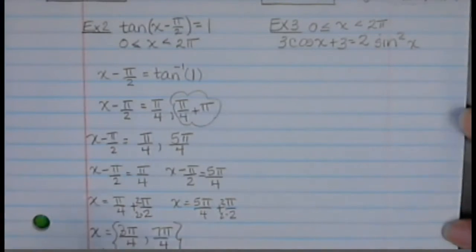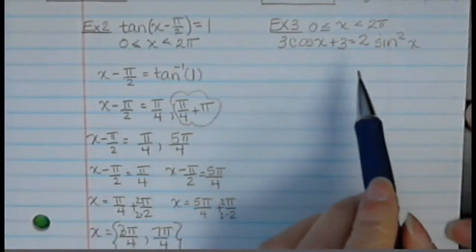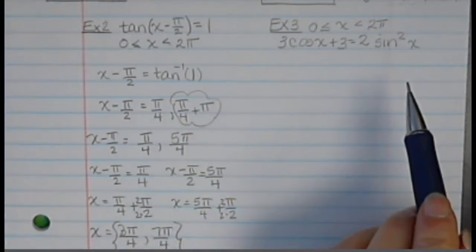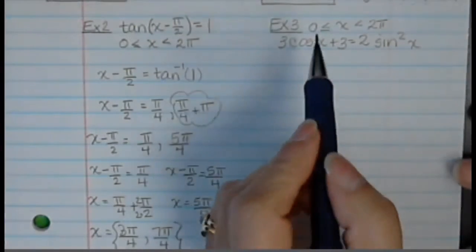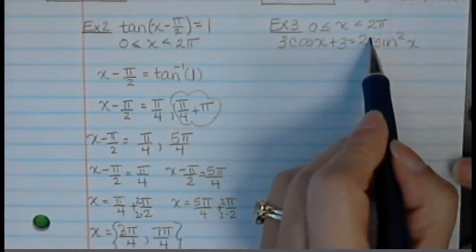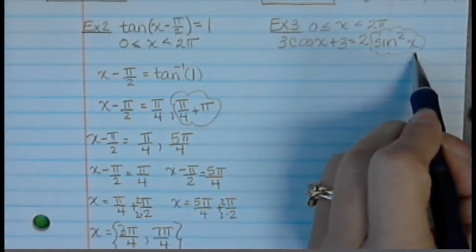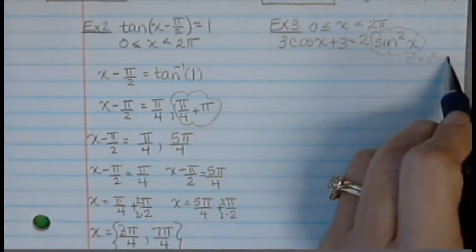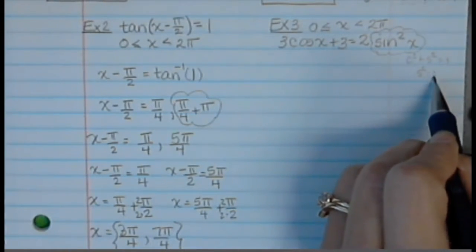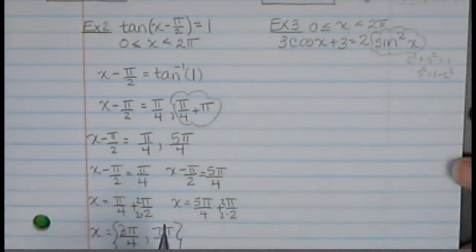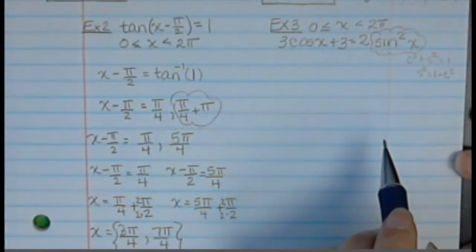Well, the problem that we have here is that we need to get everybody in terms of cosine or everybody in terms of sine. I don't know another way of writing cosine, but I do know another way of writing sine squared. Remember, cosine squared plus sine squared is equal to 1, so sine squared is equal to 1 minus cosine squared. So that idea is what I'm going to use.